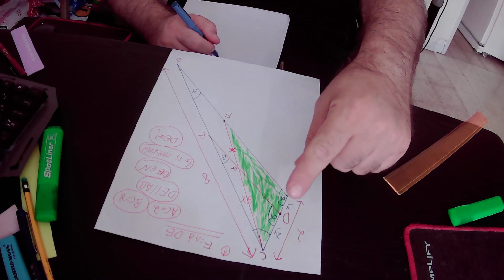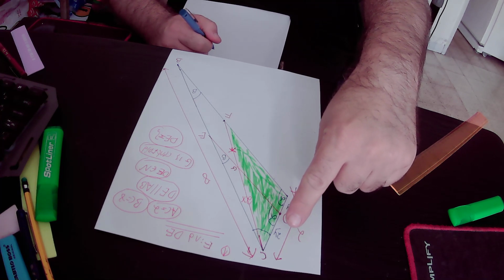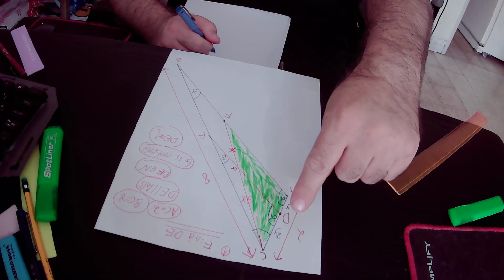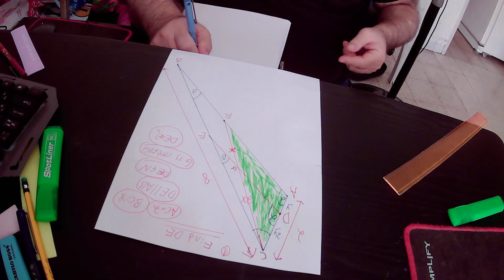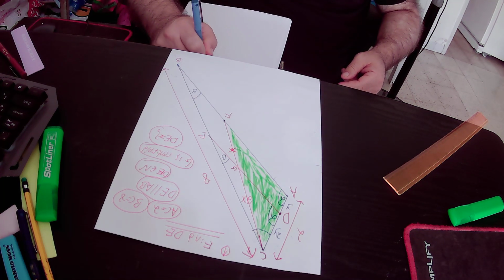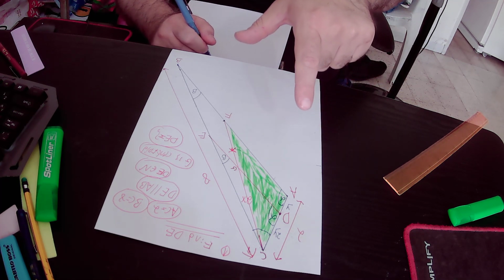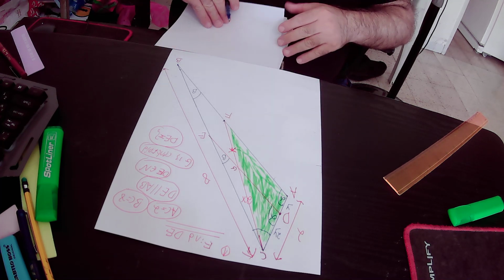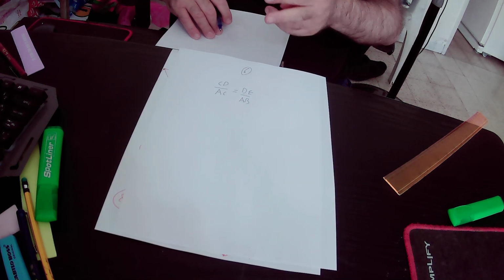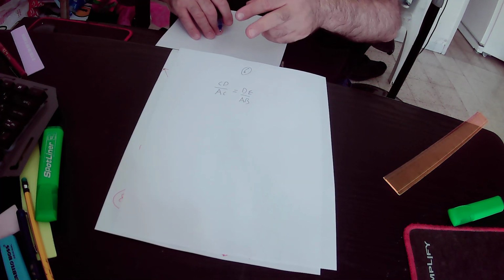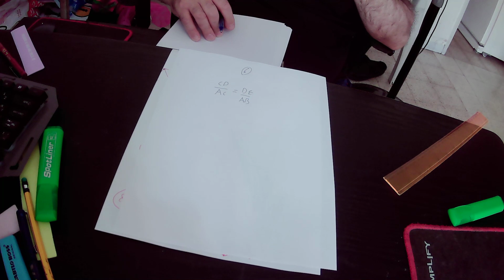CD is the side that belongs to triangle CDE, and AC is the side that belongs to triangle ABC. DE is the side that belongs to triangle CDE, and AB is the side that belongs to triangle ABC. So the following relationship is true for the two similar triangles, ABC and CDE: CD over AC equals DE over AB.